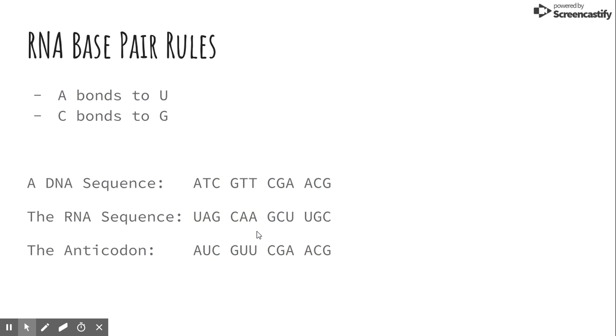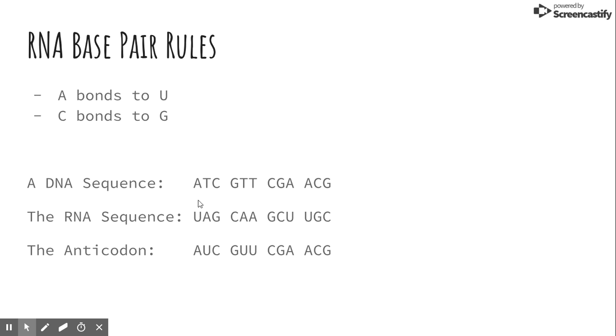So let's practice using the base pair rules of RNA. If we have a DNA sequence, ATC, GTT, CGA, ACG, then the RNA sequence that would bond to it when we're building our mRNA strand in transcription would be as follows.